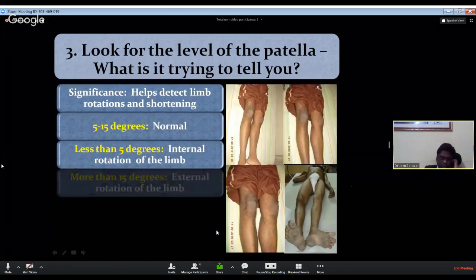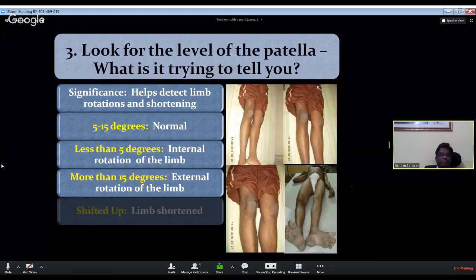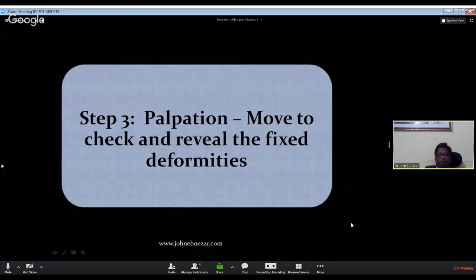If the rotation is more than 15 degrees, then it is external rotation of the limb. And if the patella is shifted up, it means the limb is short, and if it is down, that tells you the limb is long. So if you can train your eyes to detect all these, then you are inching closer to your diagnosis and you are minimizing the errors which can happen during examination.